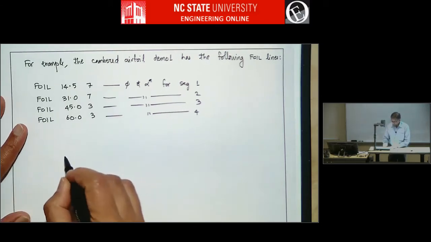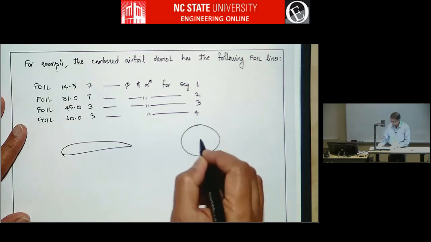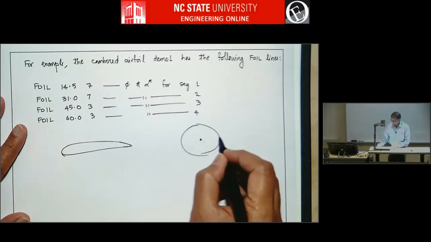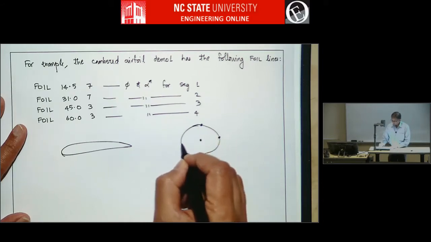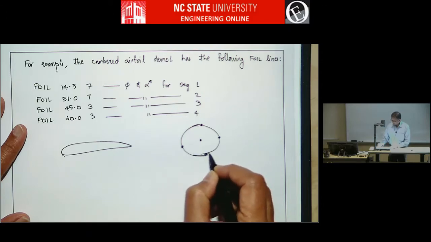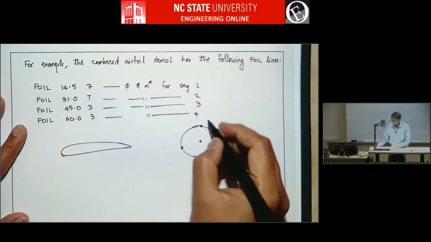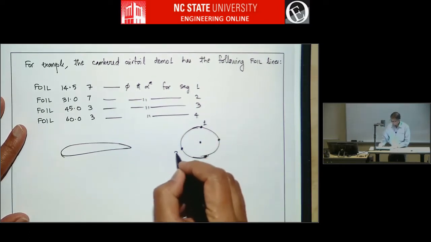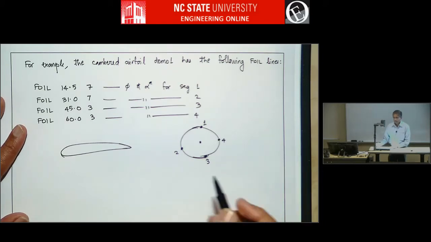So this is the airfoil that looked kind of like this. In the circle plane, you had segment 1 somewhere here, segment 2 somewhere here, segment 3 somewhere here, and segment 4 somewhere here. Right? So this is segment endpoint 1, 2, 3, and 4. 4 is always 60.